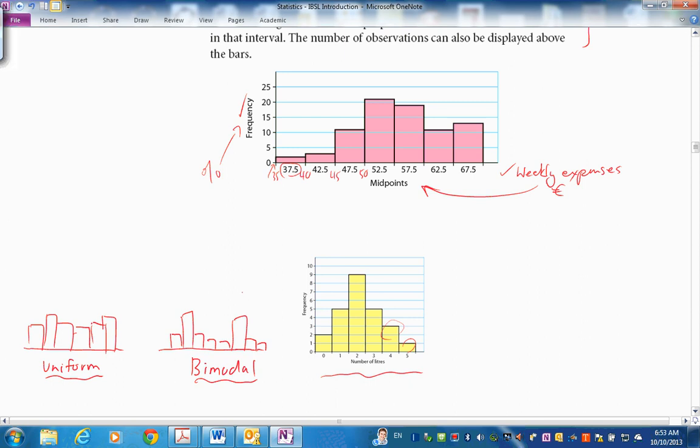A mode in a distribution is a most frequent score. And there's two scores there. Two modes. Okay, bimodal. What's this? Well, this is a symmetrical or symmetric distribution. Symmetrical. One mode there in the centre. Unimodal, if you like.